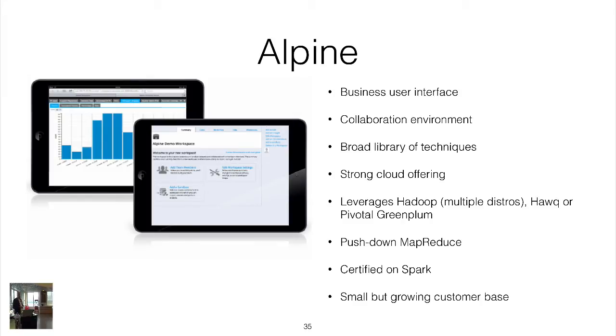It's one of the few products that will run both inside Hadoop and inside an MPP database, in this case Pivotal Greenplum. And of course they can also leverage Pivotal's Hawk SQL engine as well. Within Hadoop, it leverages a push-down MapReduce model.